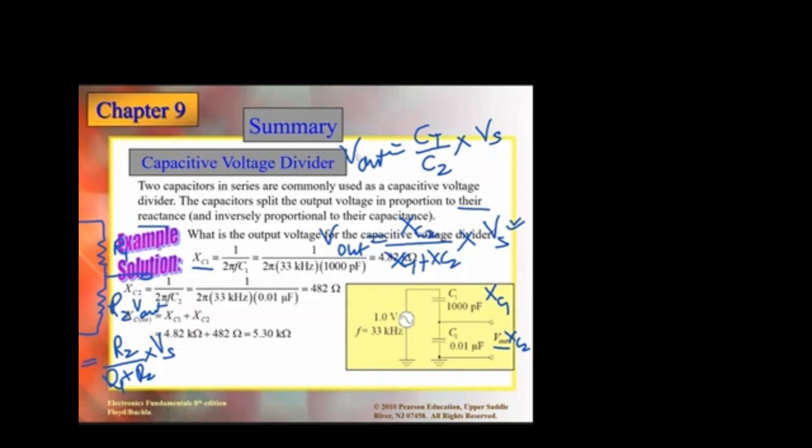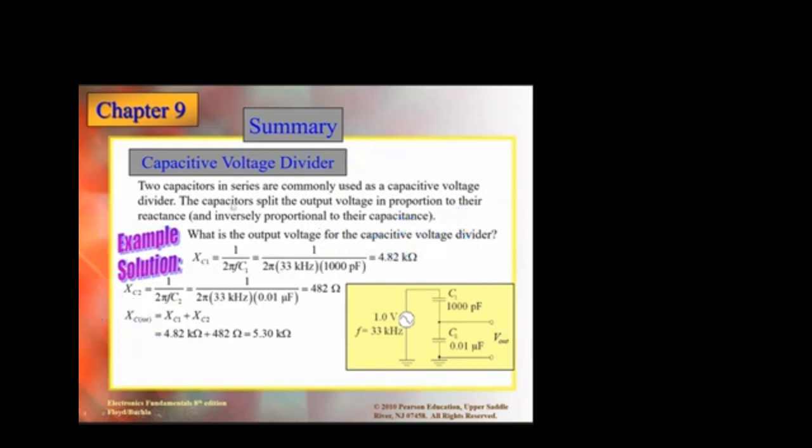And then finally, we have this formula, which is similar to the resistive divider circuit formula, XC2 over XC total, which is 482 over 5.30. And we will be getting 91 millivolts. So this is 1 volt. Here Vout, we will be getting 91 millivolt or 0.091.